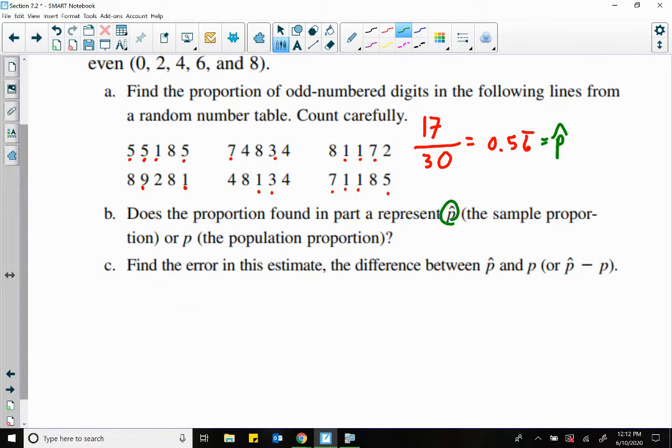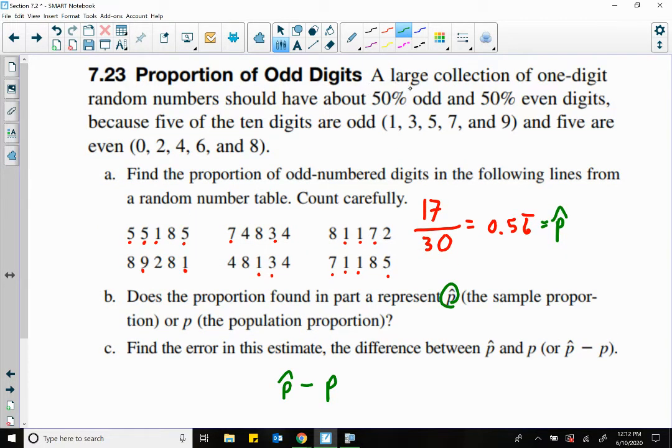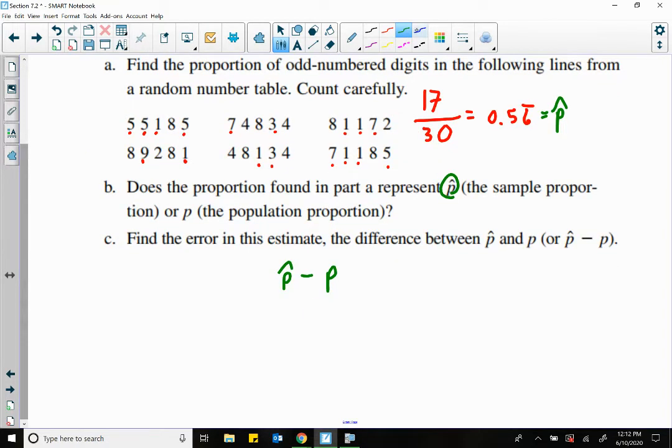So all we're going to do is take our decimal, that p hat, and subtract it from p. Because up here, these guys right here are p. So when we come down here, all you had to do was take p hat, which is 0.5667, rounded to 4 decimal places, minus 50%, which is 0.50.